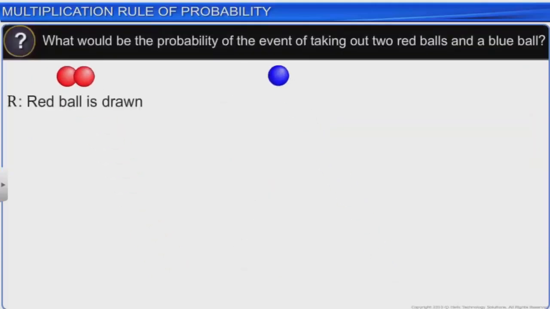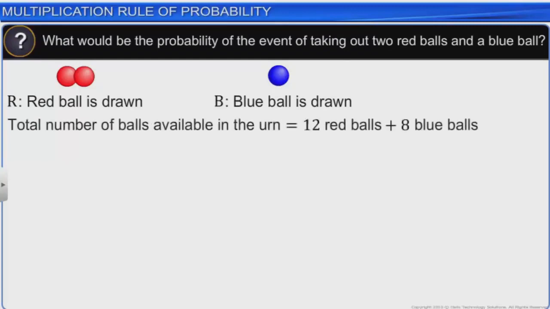Let R be the event of taking a red ball from the urn. Let B be the event of taking a blue ball from the urn. The total number of balls available in the urn is 12 red balls plus 8 blue balls, which is equal to 20 balls. First, a red ball is drawn.